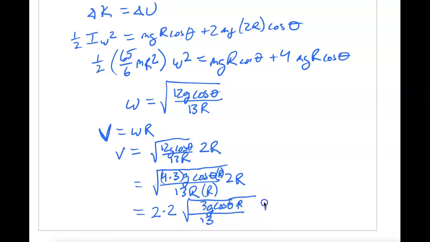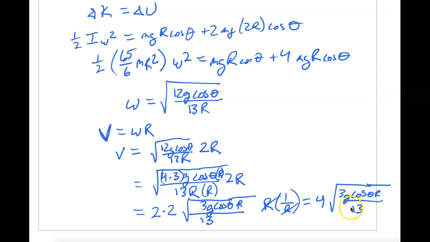And then we have an r on the outside because this r will go there. So we've got this r, and then we have 1 over r. That 1 over r came from the r squared that was on the bottom. And now I can cross off these, and the simplest way to have this is the square root of 3g cosine of the angle times r all over 13.